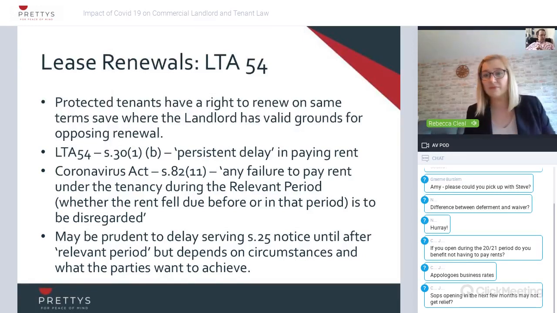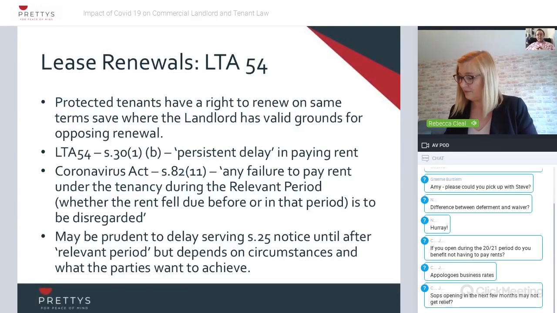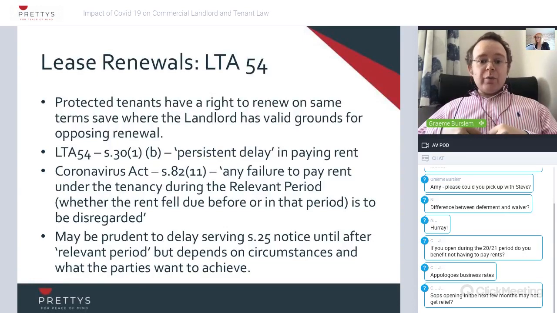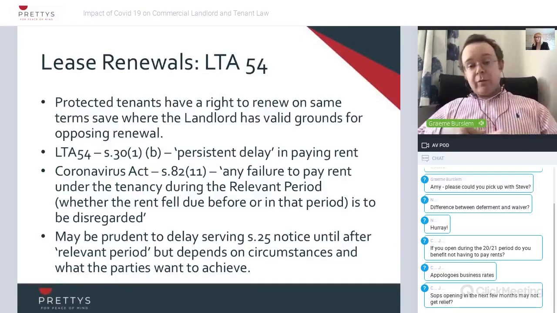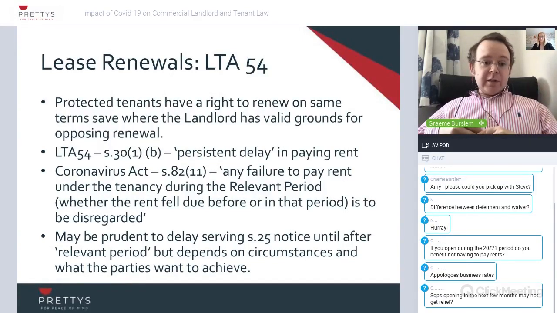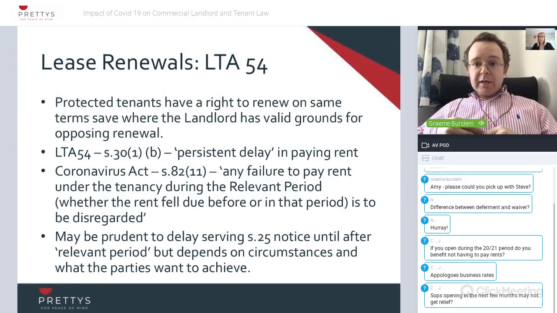Thank you very much. Okay, so just touching very briefly on the way that the Coronavirus Act impacts on 54 Act renewals. As we all know, protected tenancies have a right to renew generally, but the principle is they have a right to renew their lease at the end of its term on substantially the same terms, save where either party has a reasonable reason for introducing a variation.